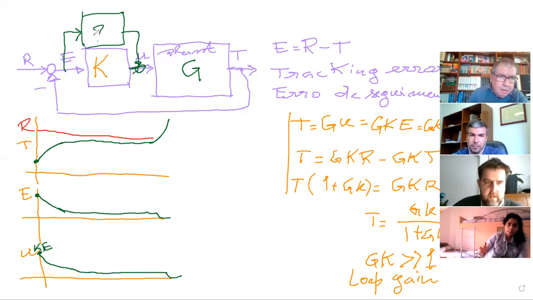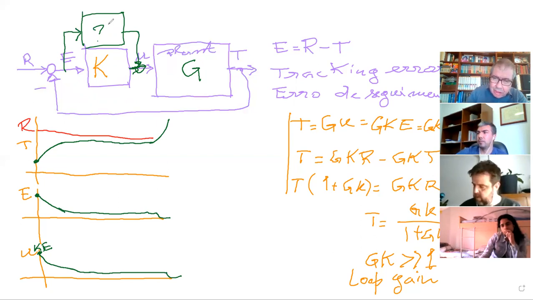What shall we put here such that when E is 0, this is no longer there, but this keeps you at the correct point? So again, mathematical operations that we can place here. Differentiator: if E is 0, the differentiation of a continuous 0 is again 0. So differentiation is ruled out immediately.